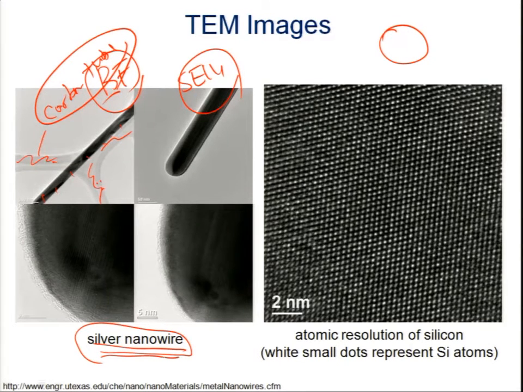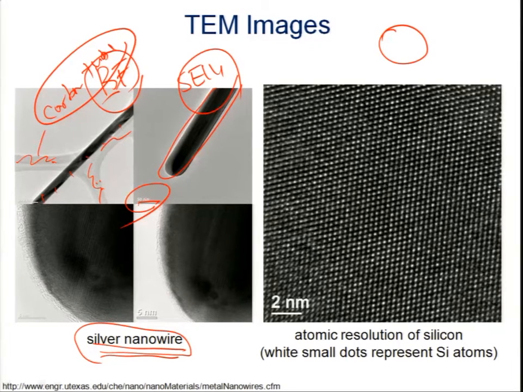Using the bright field images, you can observe the shape and dimensions. Right now, its scale is about 50 nanometer, about here to here. And this is 5 nanometer, about this much.